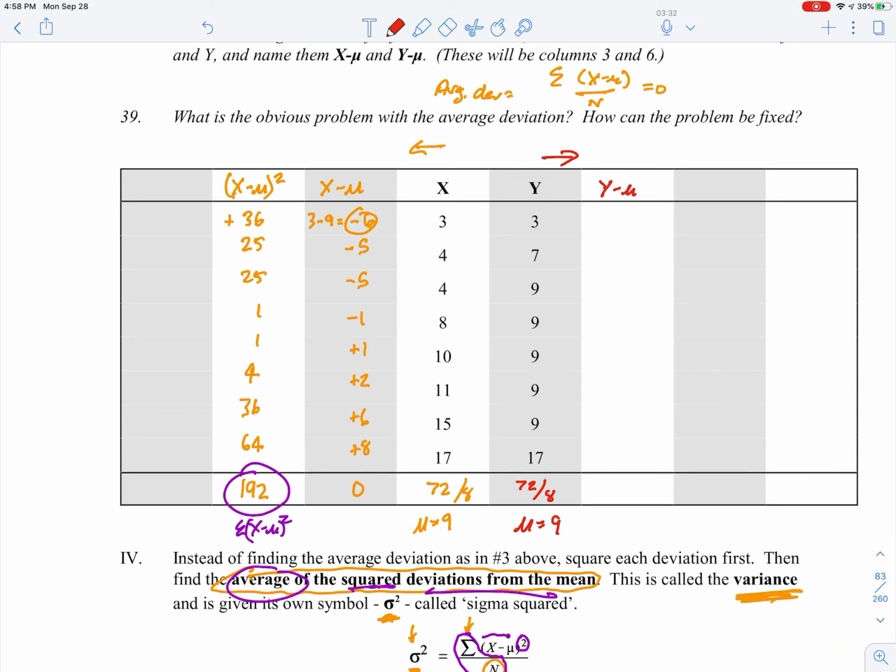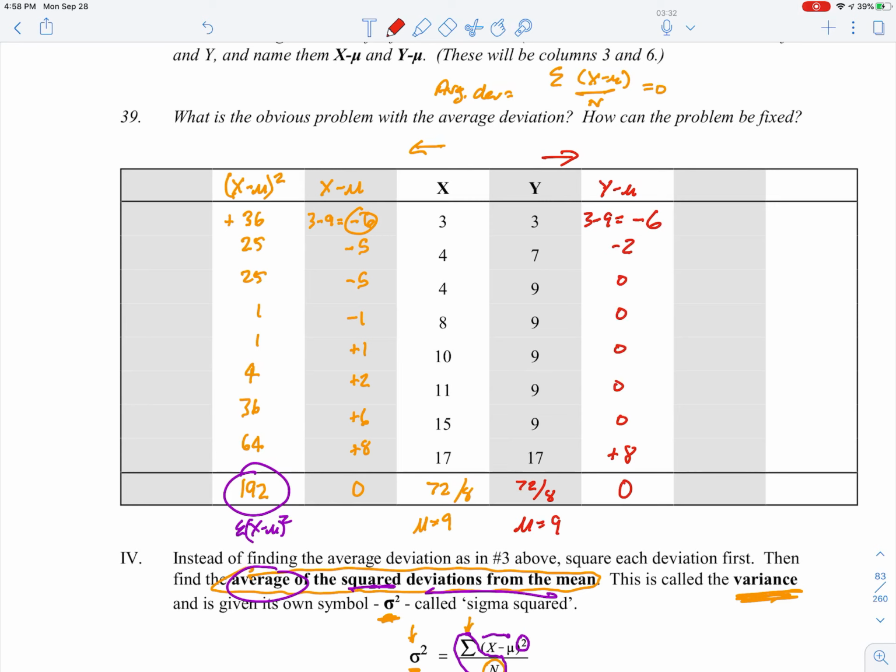All right, and so 3 minus 9 is equal to minus 6, and then 7 minus 9 is minus 2. 9 minus 9 is 0, 0, 0, 0, 0, and this is plus 8. And of course, if you add those all up, the average of the deviations is equal to 0. So no surprise there.